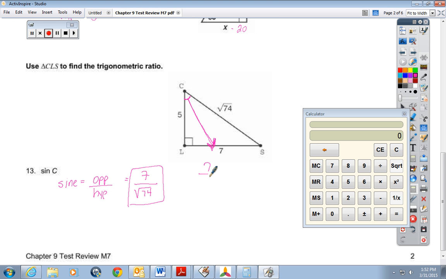8.6. So then you would leave it like that. Or if you actually divided it out, 7 divided by 8.6 equals 0.81. So pretty much any of these would be correct.